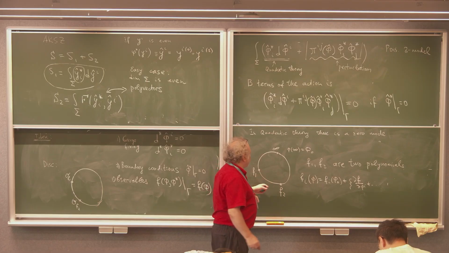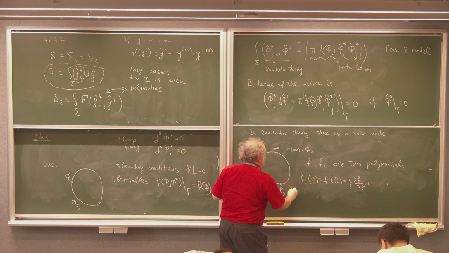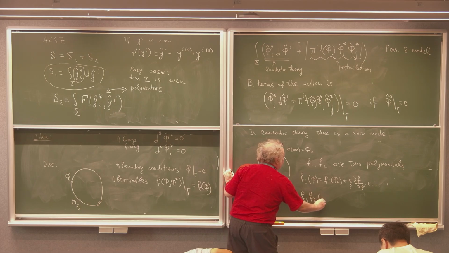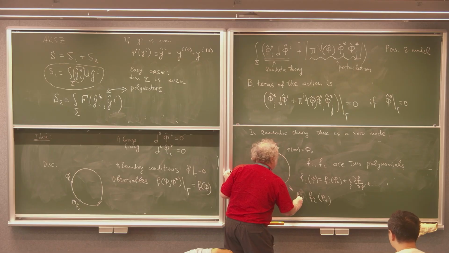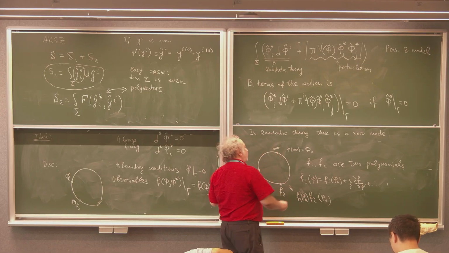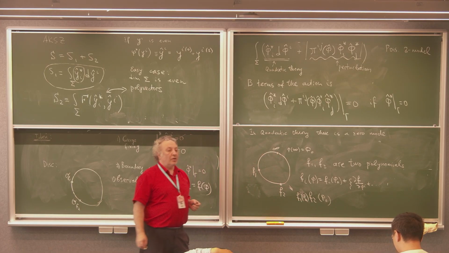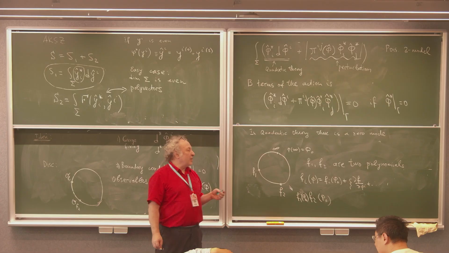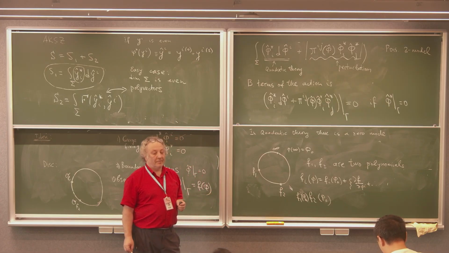So that's why this correlator equals F1 of phi 0, F2 of phi 0. So it actually computes what we wanted, the zeroth order term.